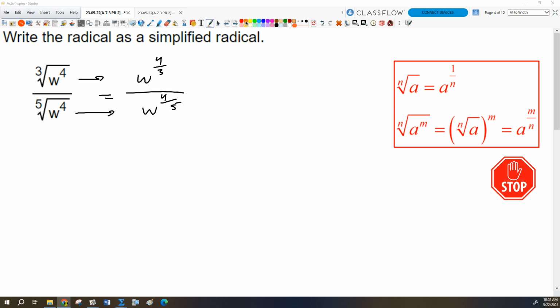Okay, now we got to think about properties of exponents. What's our property when we divide like bases? What do we do when we divide like bases? Because the bases are the same, aren't they? Look, I've got w's. There you go. You subtract, don't you? There you go. Okay, we subtract exponents. So keep going.